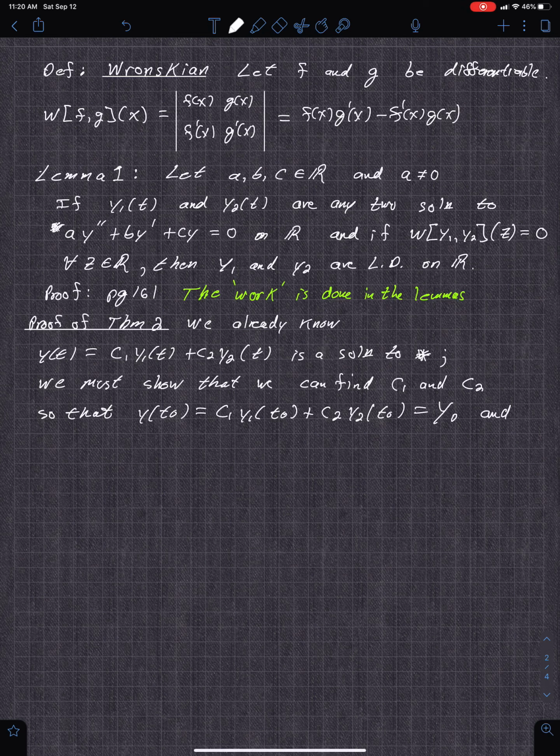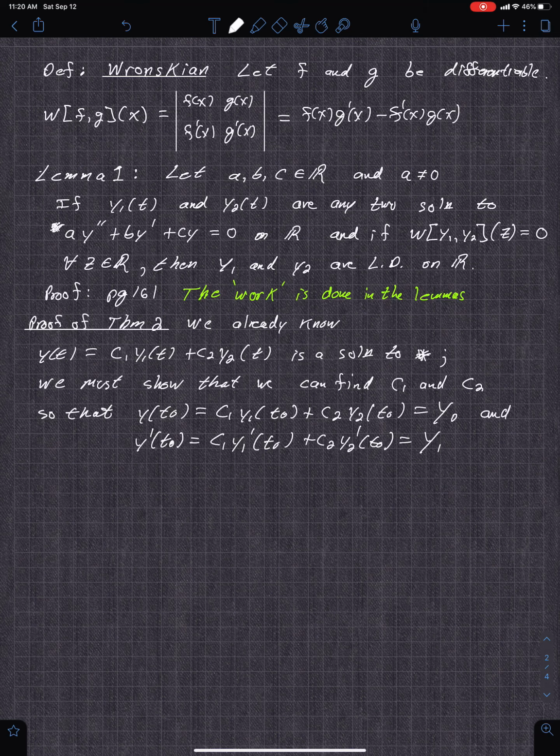And similarly, y prime of t naught equals C1 y1 prime t naught plus C2 y2 prime t naught equals capital Y1.